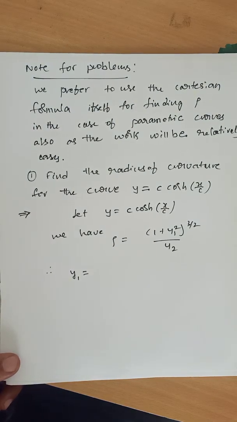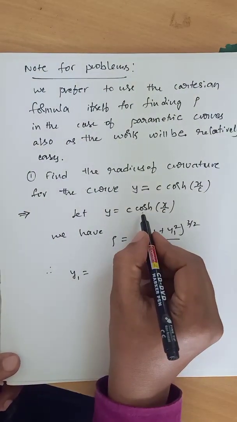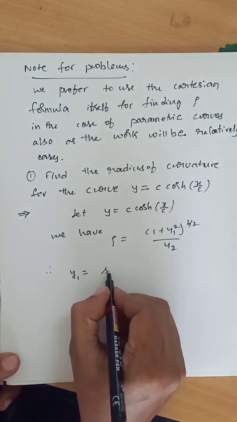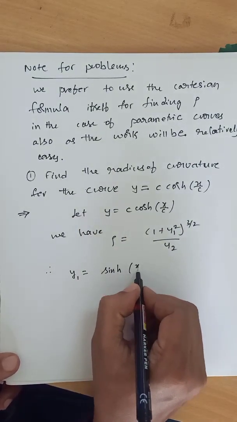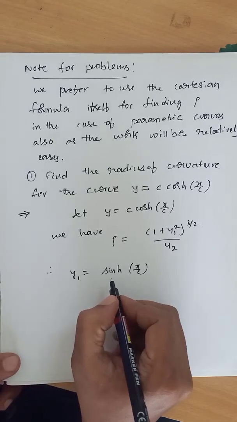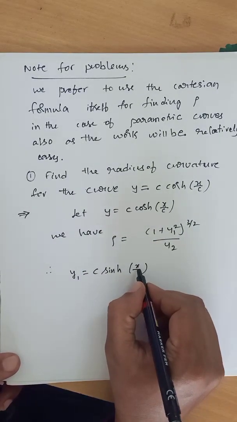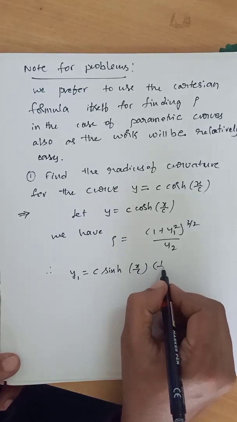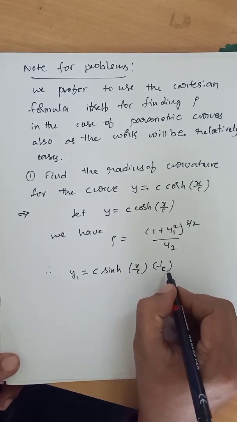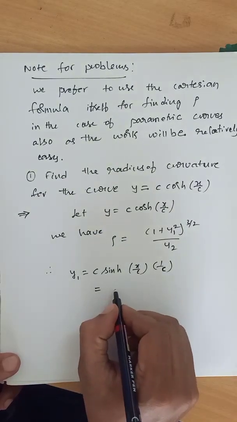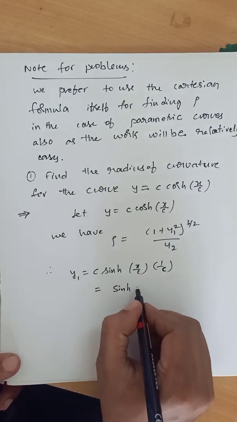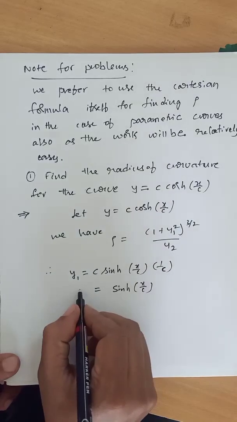The derivative of cos hyperbolic is sin hyperbolic x by c, here c is there into the derivative of x by c, which is 1 by c. So c cancels. Sin hyperbolic of x by c is y1.